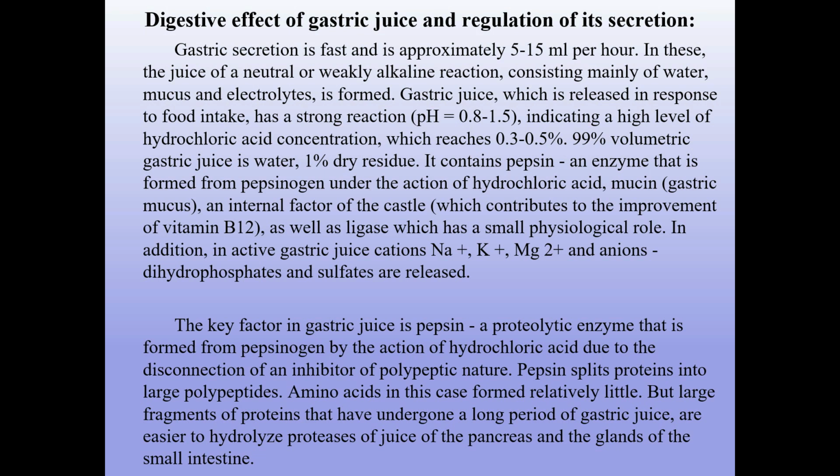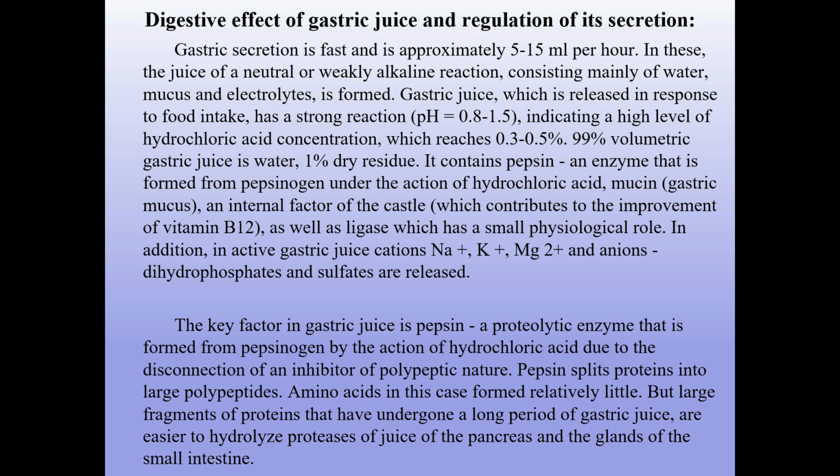It contains pepsin, an enzyme that is formed from pepsinogen under the action of hydrochloric acid, mucin, gastric mucus, an internal factor of the Castle, which contributes to the absorption of vitamin B12, as well as lipase, which has a small physiological role. In addition, gastric juice contains cations, sodium, potassium, magnesium, and anions, dihydrophosphates, and sulfates.